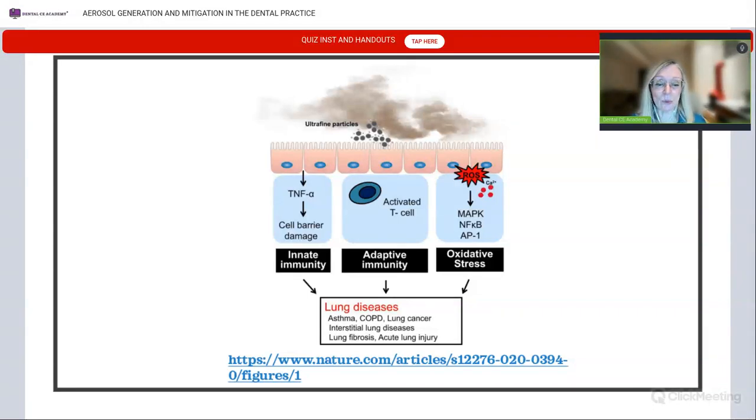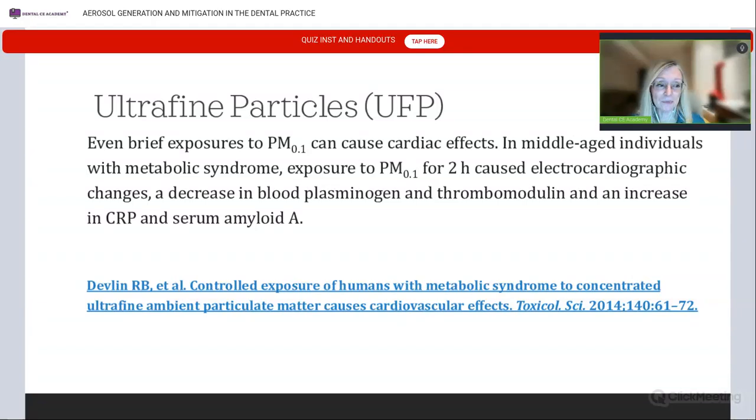All right. So again, we are concerned here about the inflammation and chronic illness that can be caused by these ultrafine particles. Even a brief exposure to ultrafine particles can have cardiac effects, even in folks that have never had any cardiac issues.